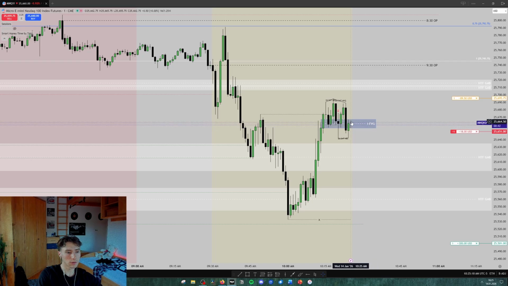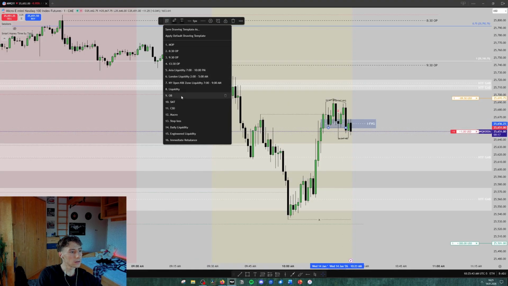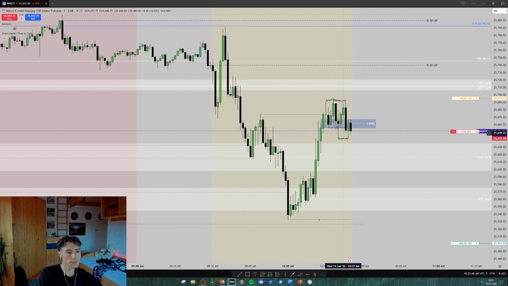Would like to see that we form a high within the inversion fair value gap. That would be perfect in that case. That we see that the fair value gap right here gets utilized as resistance, and therefore we have a valid CISD in here. Already also with breaking below the low right here, it's a valid change in state of delivery, because that's basically our swing low in here.